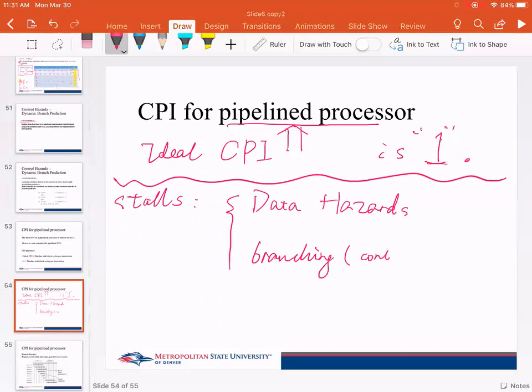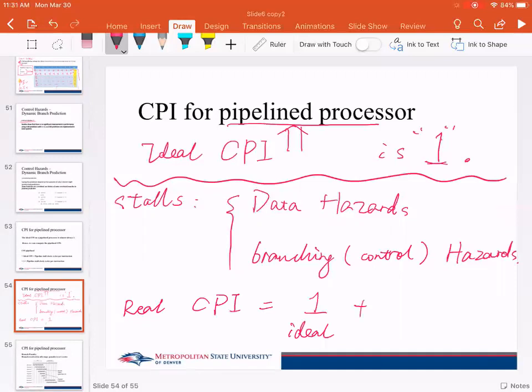So when we calculate the real CPI, the CPI in reality equals the ideal CPI plus the extra stalls we have to pay for the data hazards and the control or branching hazards, right? So how to calculate the real CPI for a pipelined processor?